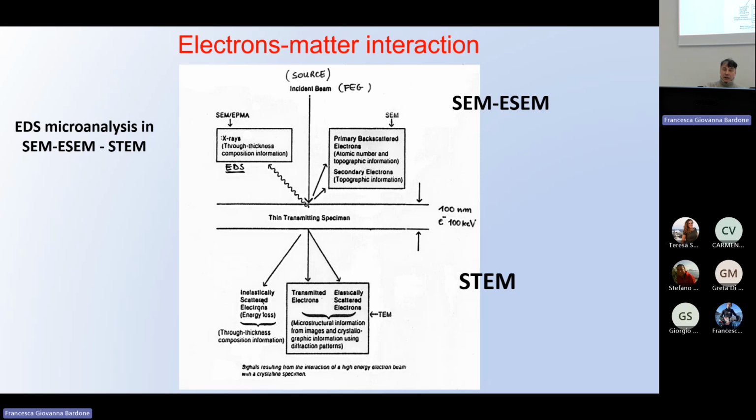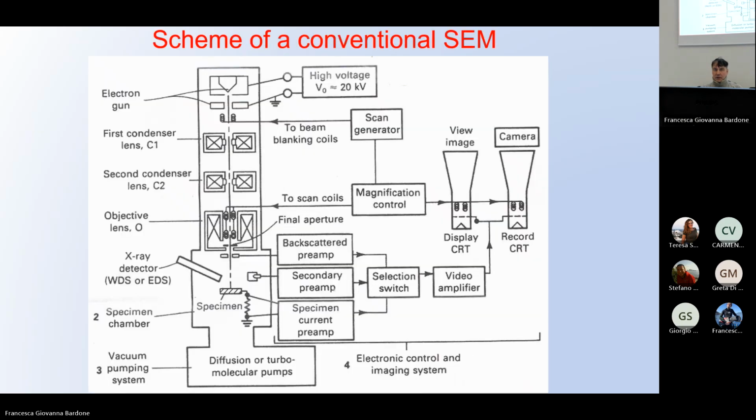On the contrary, energy loss electrons have a very high signal for low atomic number elements and are not very good for very high atomic number elements. So if you have both signals, you have the complete atomic table, but you need both.